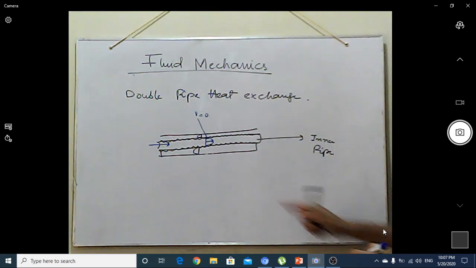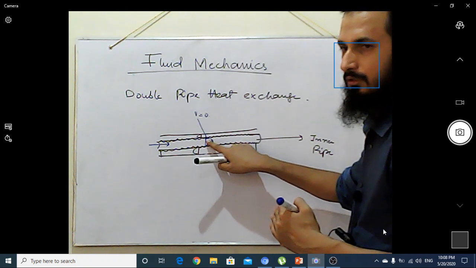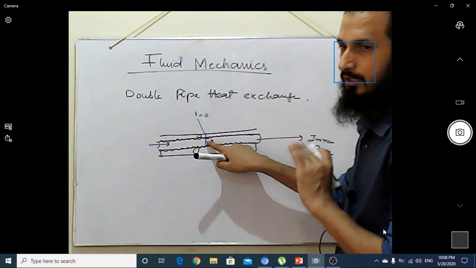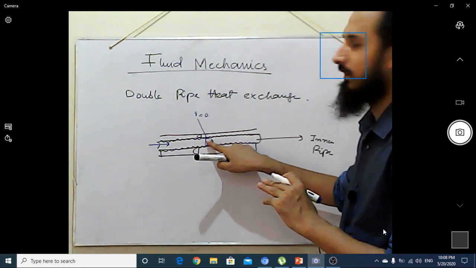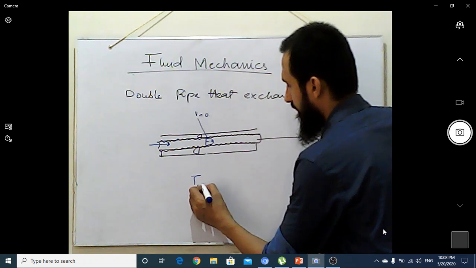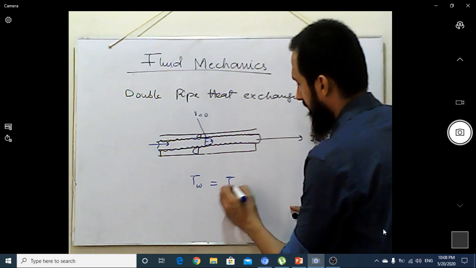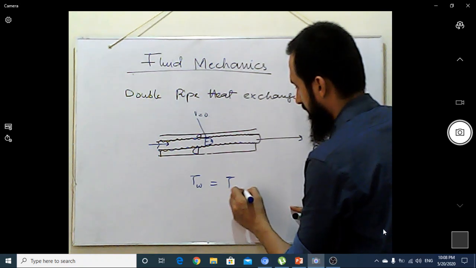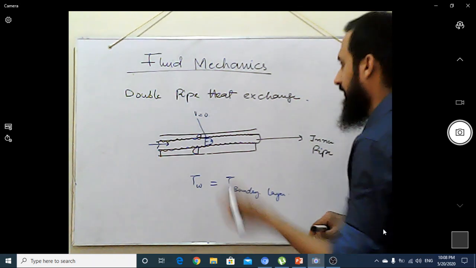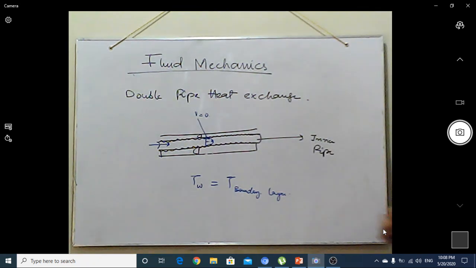Due to this, having the velocity equal to the solid wall, it retains its position with the solid wall, and if we see, the temperature of the wall becomes equal to the temperature of the boundary layer. The boundary layer is the layer which is attached to this solid surface.